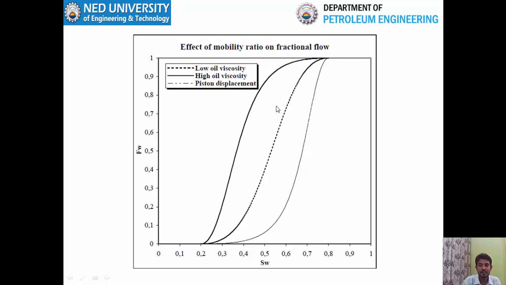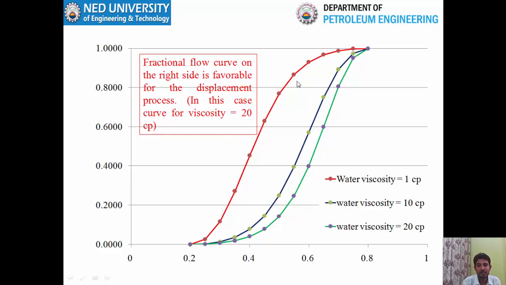Whenever different fractional flow curves are provided to you, the graph on the extreme right is the most ideal case, and it indicates that from this process you will get the maximum recovery of oil.